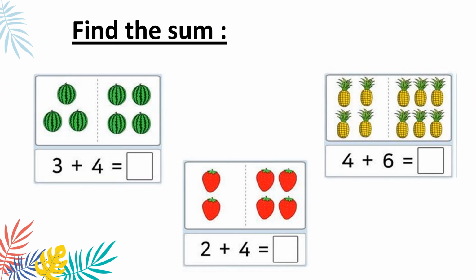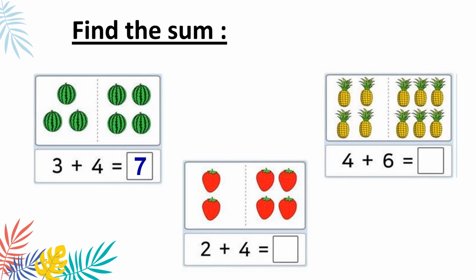Let's answer here. We have here 1, 2, 3, 3 watermelons plus 1, 2, 3, 4, 4 watermelons. If we add all of them together, the sum is what? Let's count. 1, 2, 3, 4, 5, 6, 7. So all of them are 7. Now we have here strawberries.